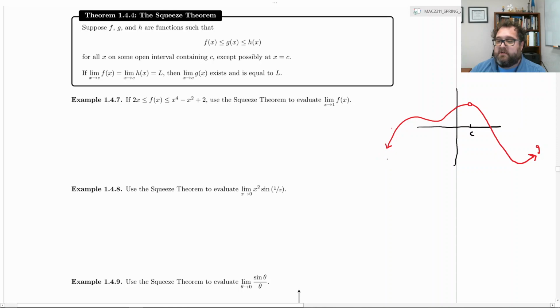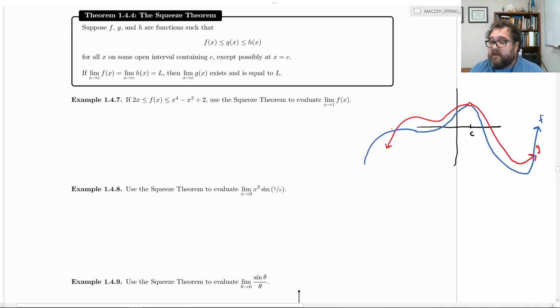So you have some function f, doesn't really matter what it is. It can be above or below g, but it needs to be below g as long as we're near the x value c.